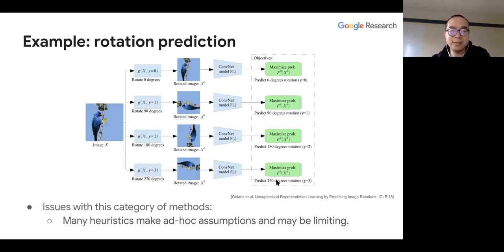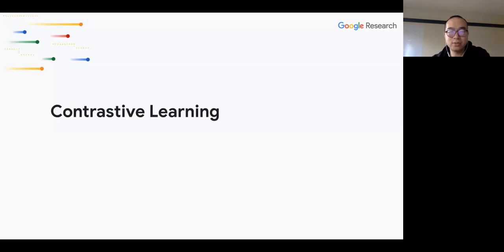As you can see, this kind of task involves a lot of heuristics, and the assumption is quite ad hoc and might be limiting when you're treating other images that are rotation invariant or something else, where it might not work. So here comes contrastive learning, which I would say more belongs to the second category.